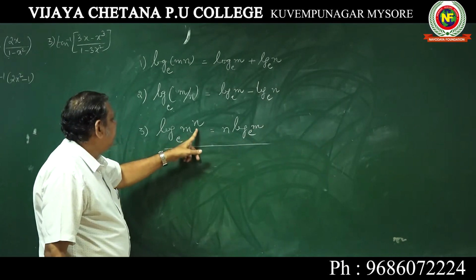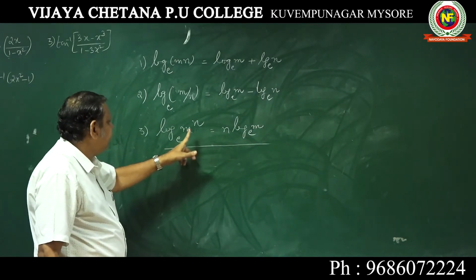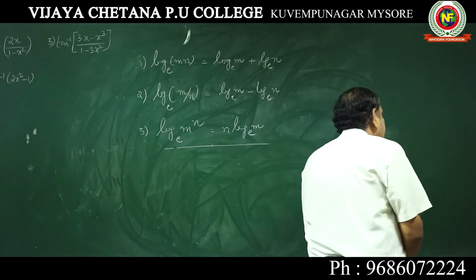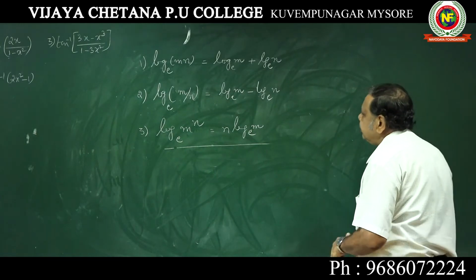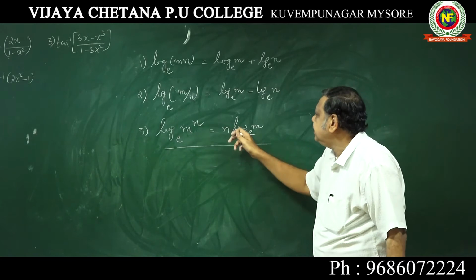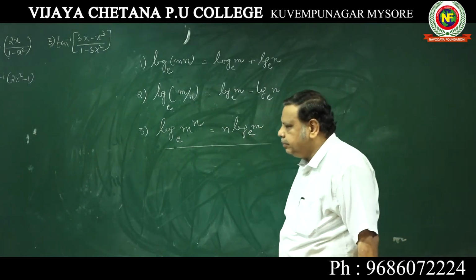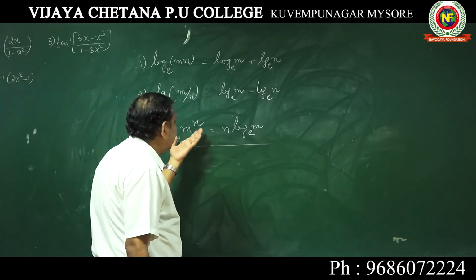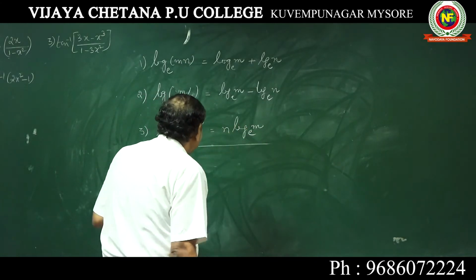Log m to the power of n to the base e, this power index will come by the side of it. It will become n log m to the base e. Log m to the power of n base e is n log m to the base e.